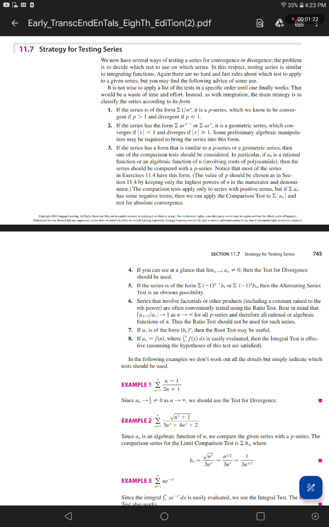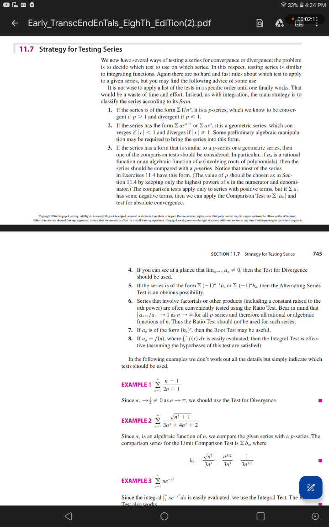Number 2. If the series has the form the sum of a times r to the power n minus 1, or the sum of a times r to the power n, it is a geometric series, which converges if the absolute value of r is less than 1 and diverges if the absolute value of r is greater than or equal to 1.